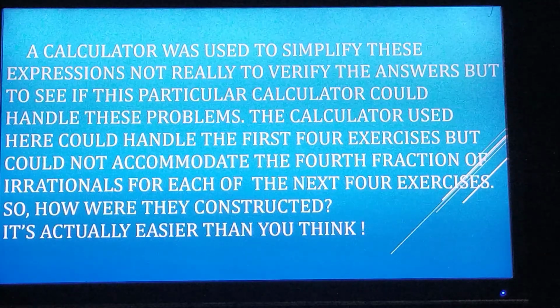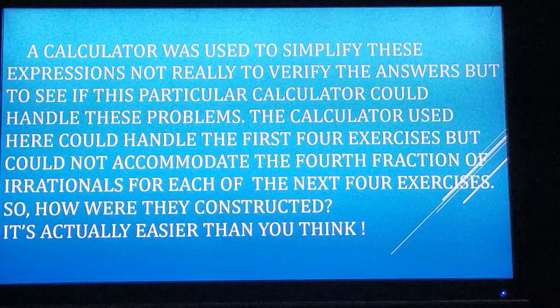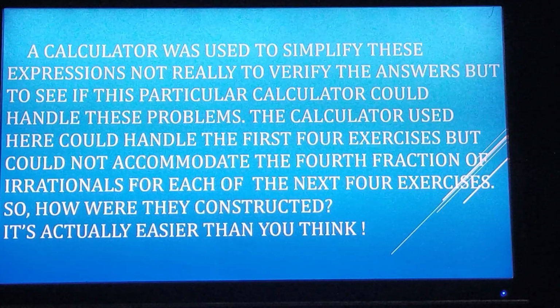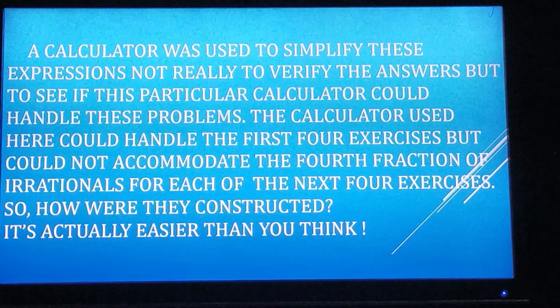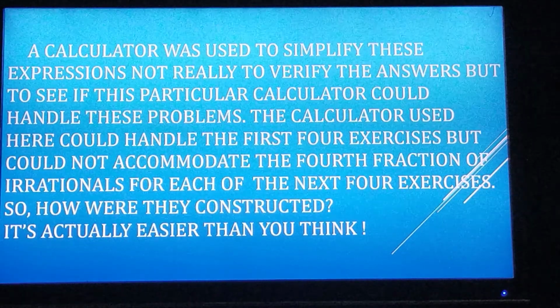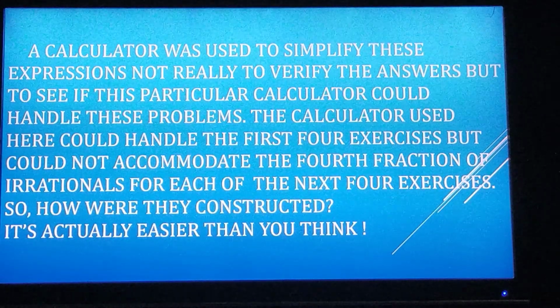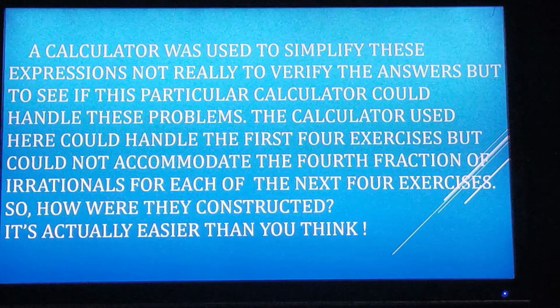And it turns out that the calculator used here could handle the first 4 exercises, but could not accommodate the 4th fraction of irrationals for each of the next 4 exercises. So the question is, how were they constructed? As I said earlier, it's actually easier than you think.